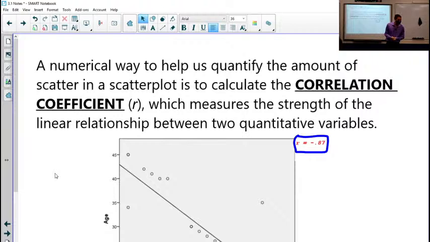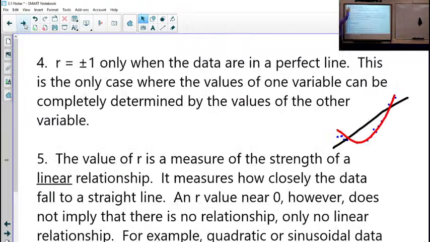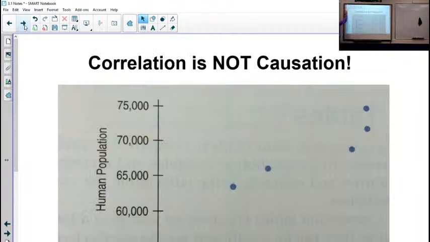That is not the same thing as one of those things causing the other to happen. Correlation just says that it's a good predictor. So you'll hear this idea talked about, that correlation does not imply causation.